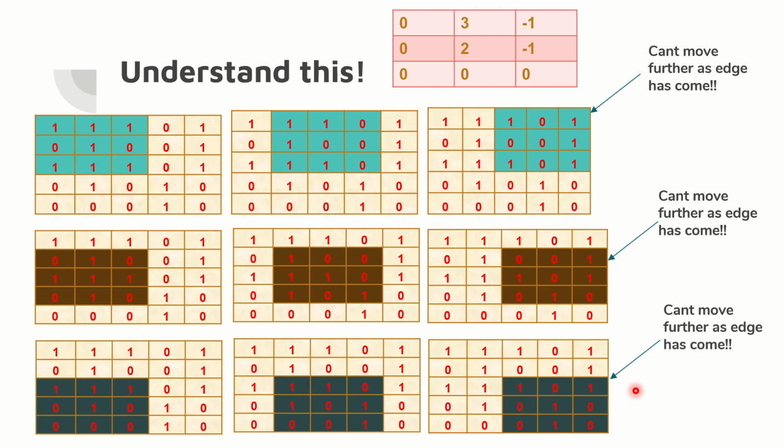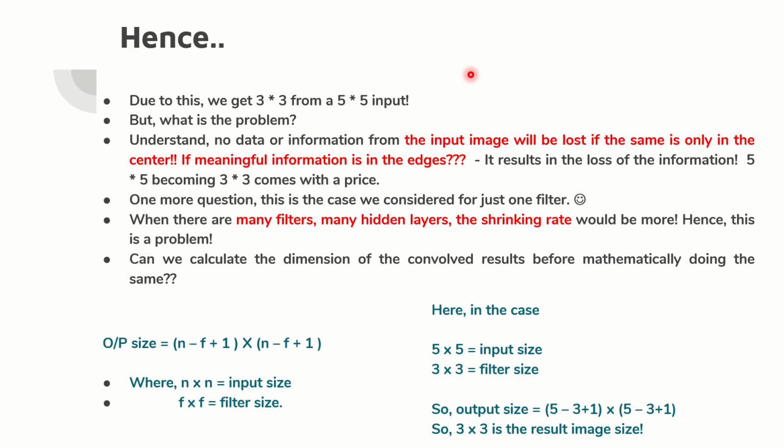Because of these edges, we got 1, 2, 3, 4, 5, 6, 7, 8, 9, which is eventually a 3 cross 3 matrix. This is the reason the 5 cross 5 getting convolved becomes 3 cross 3.